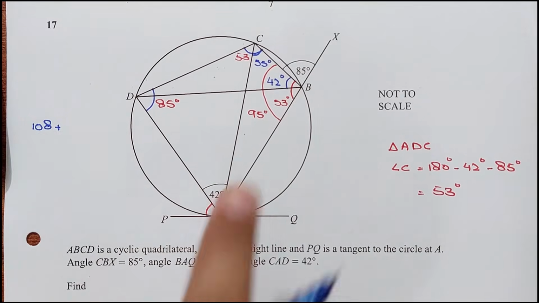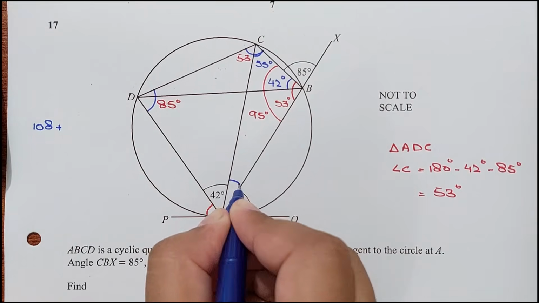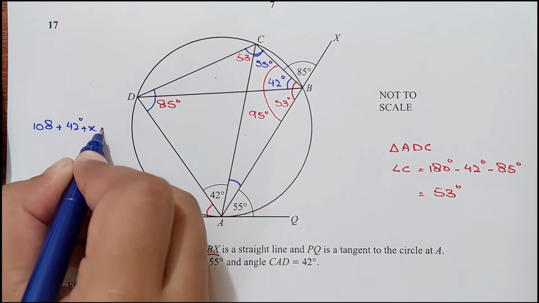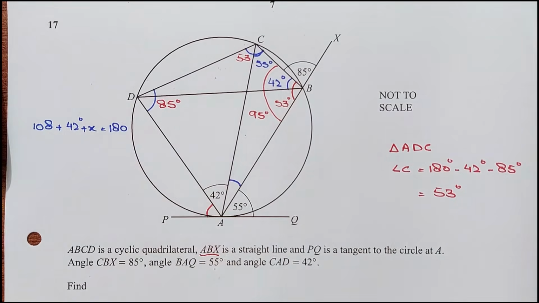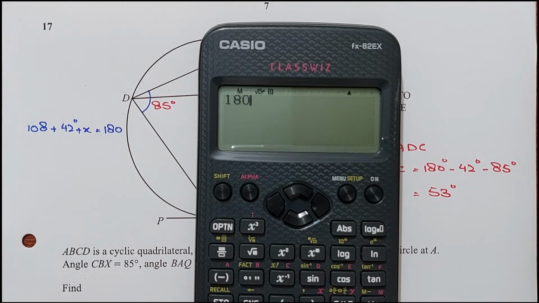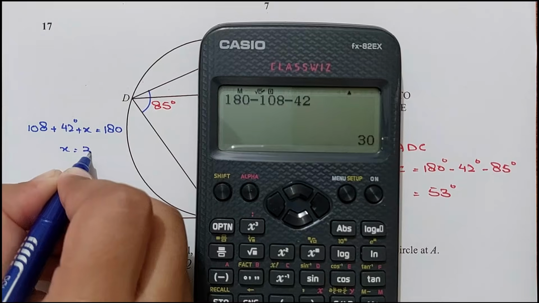right? Plus this is 108, and this is 42 plus something, right? 42 plus some x, this would be equal to 180. Let me solve for this x, which is 180 minus 108 minus 42. So this x is 30 degrees.